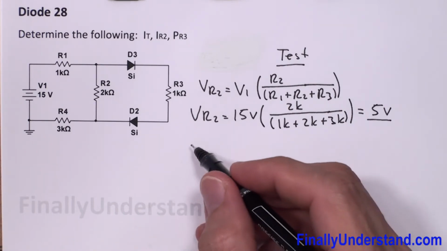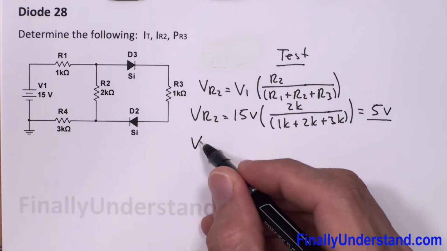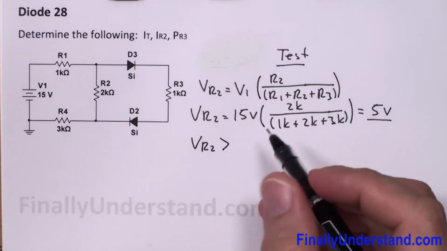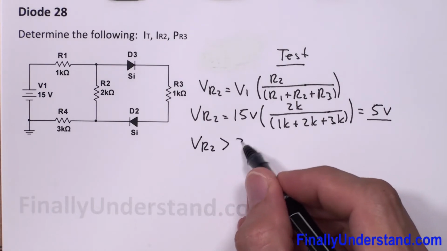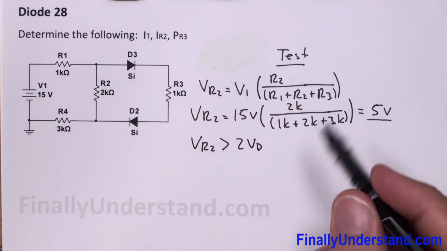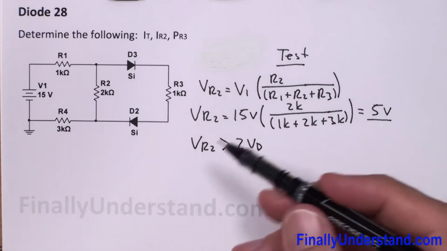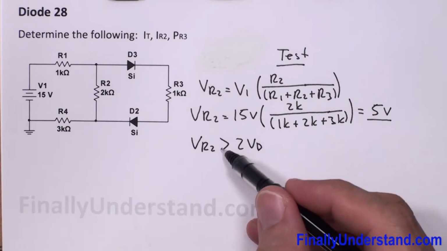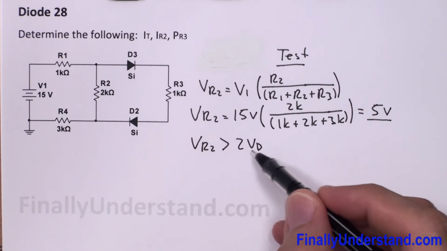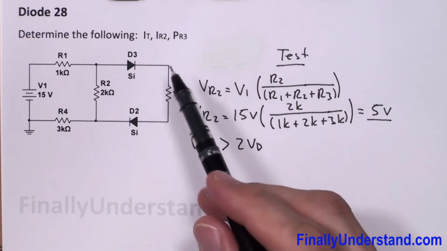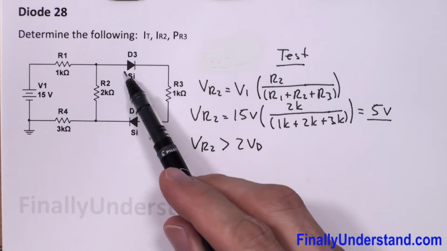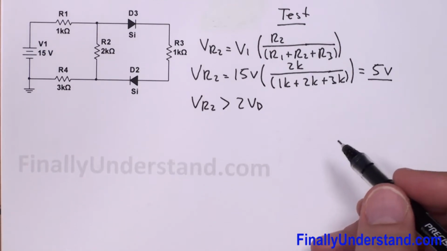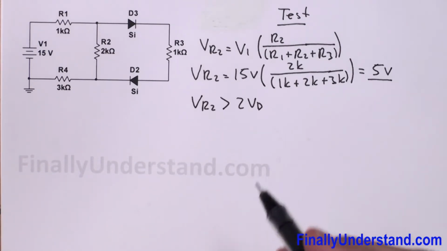That's why I'm going to write that if VR2 is greater than 2 VD, it means that we can perform our analysis. If it would be VR2 less than 2 times VD, it means that the current is not going to flow into this branch, but in this case everything is going to work fine.